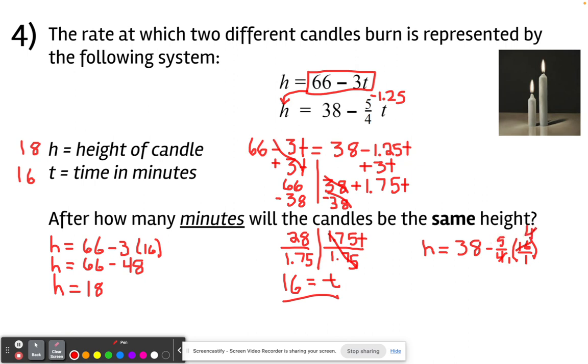So now I have 5 times 4 is 20 over 1, or just 20. So I have 38 minus 20. Give me my height. And I do know that 38 minus 20 is 18. So after 16 minutes, my second candle will also be 18 inches tall.